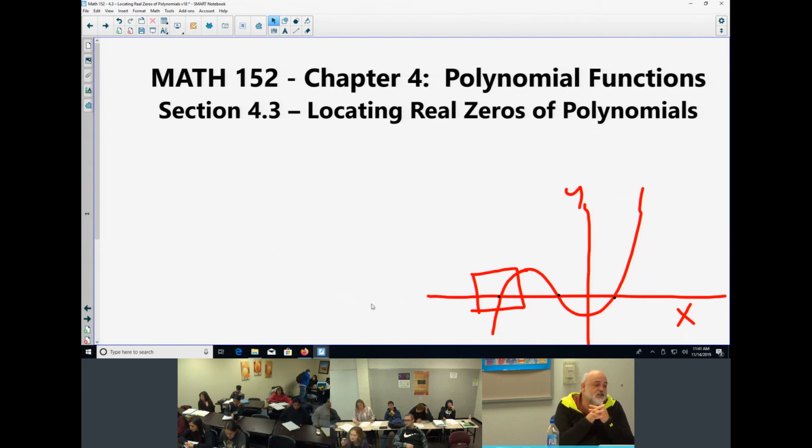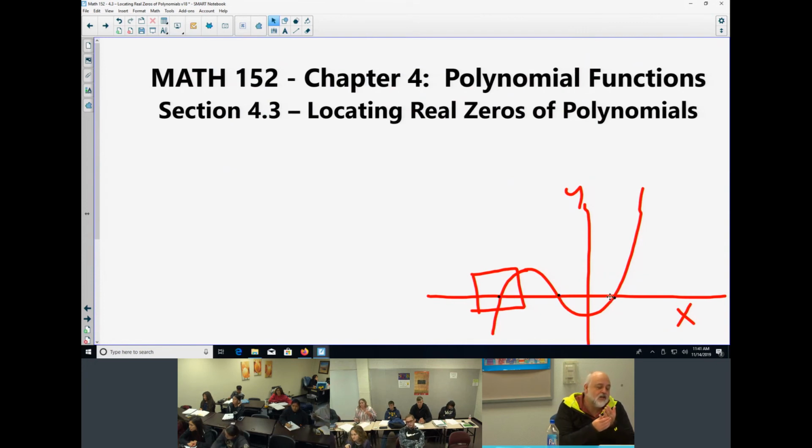This section is on locating the real zeros. Now, the most important tool that you have in locating real zeros is the calculator. You punch it in the calculator, and the zeros are where it crosses the x-axis. The problem is, let's say this is the graph and I want to find these three zeros: 1, 2, 3.